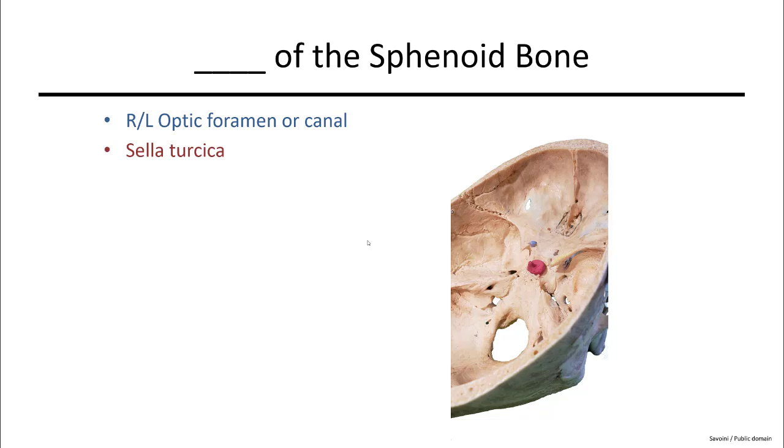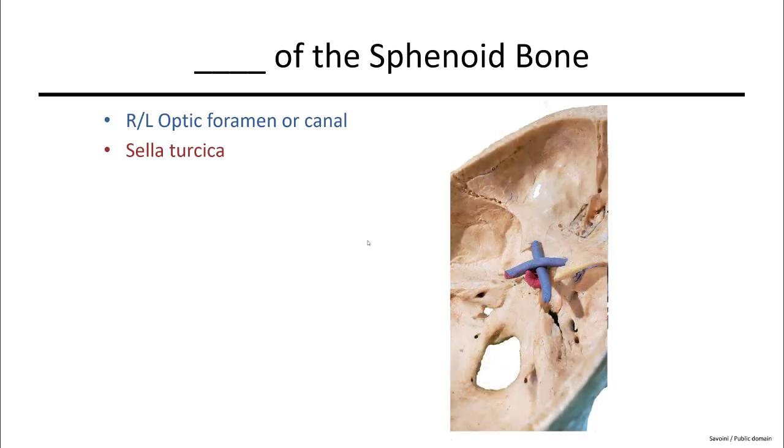In this view, we can see the pituitary gland again sitting in the sella turcica. We can see a little blue dot indicating the left optic foramen. This is where the optic nerves from the eyes are coming out. We can see in blue clay the right and left optic foramen with the right and left optic nerves represented by clay coming out.